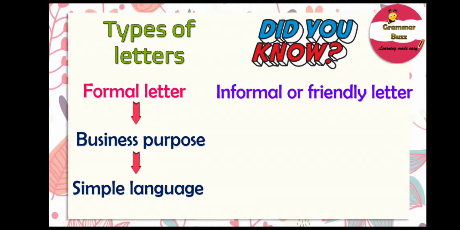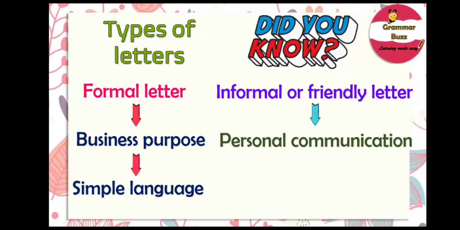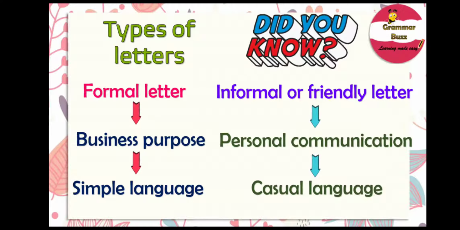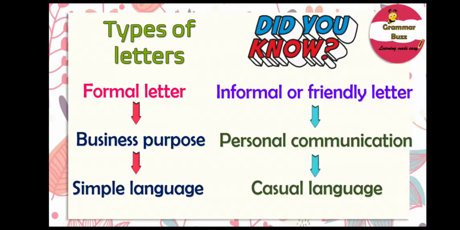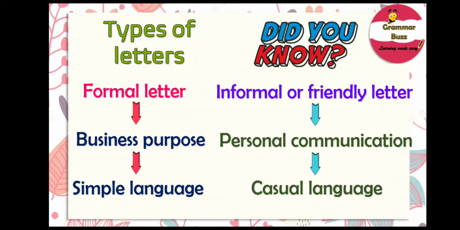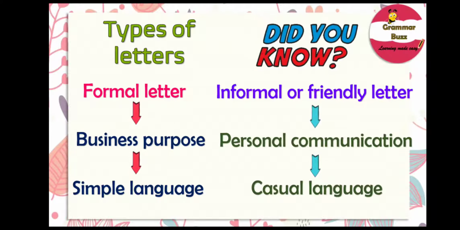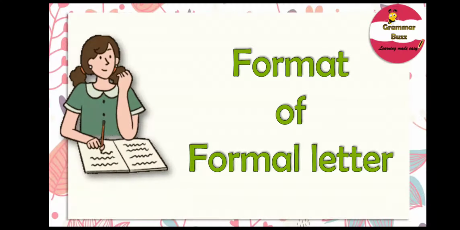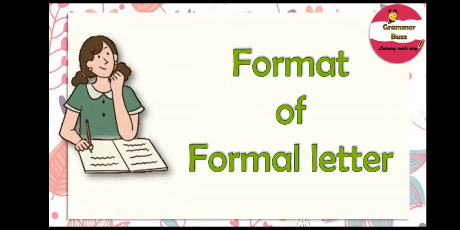However, informal or friendly letter is written for personal communication to family or friends, and it is written in a casual tone or language. Well, you see, in our previous video, we have already discussed informal or friendly letters in detail. But in this video, we will try to understand how to write a formal letter. And for that, we need to know the format of writing a formal letter.